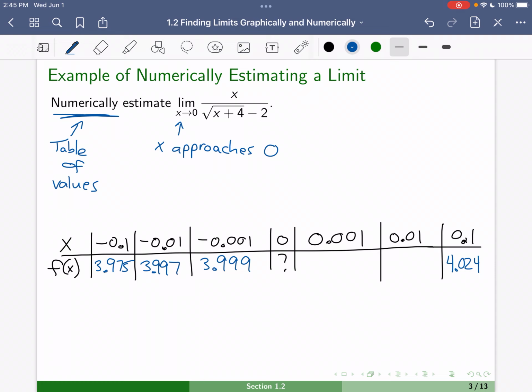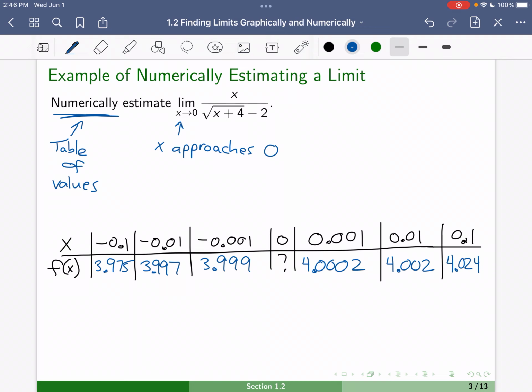But we can plug 0.1 in. When we plug 0.1 into this function, we get something like 4.024. Take a value that's a little bit closer. We will get 4.002. And if we go closer still, we'll get 4.0002.